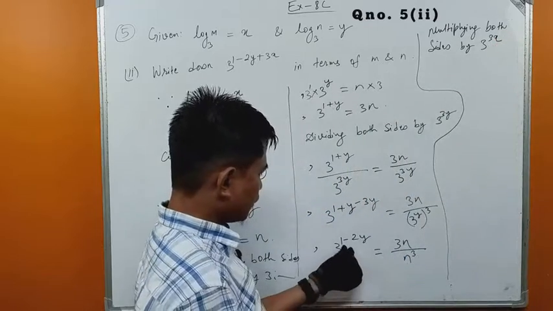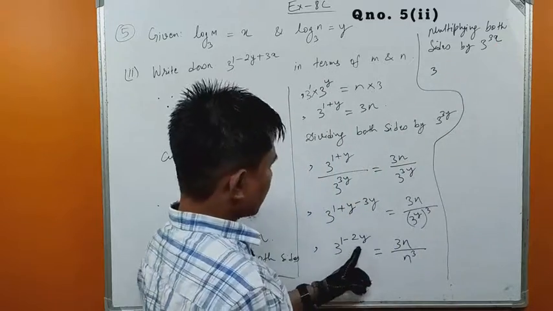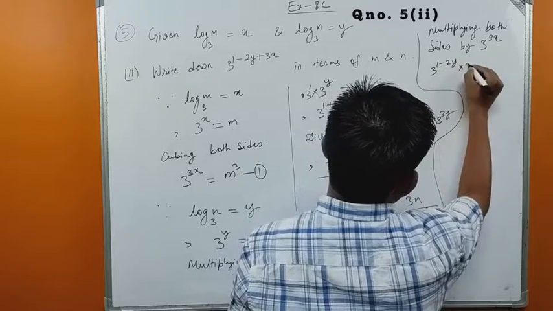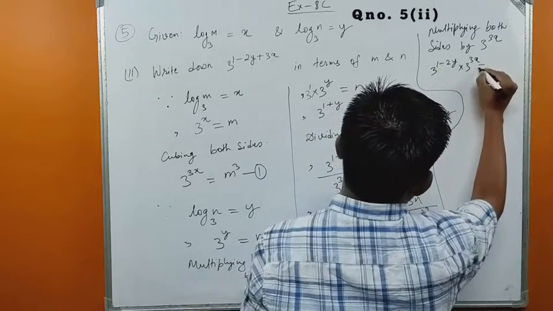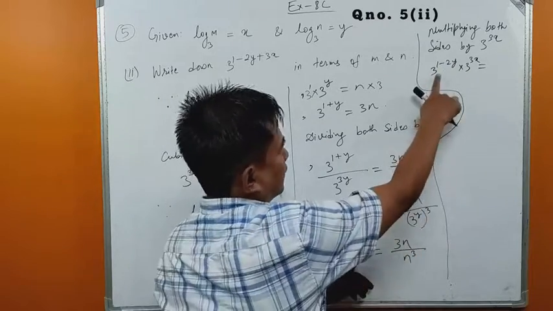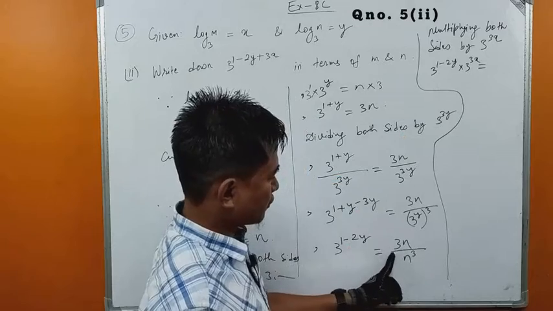Now we have 3 to the power 1 minus 2y into 3 to the power 3x equals, this we already have, 3 to the power 1 minus 2y into 3 to the power 3x. Now we need to multiply this also.